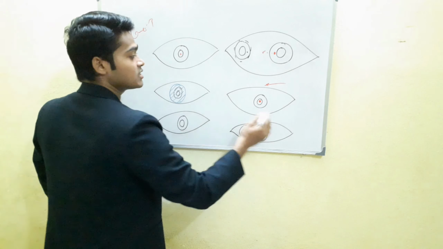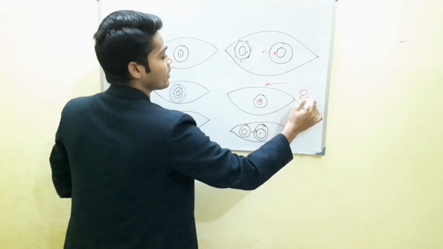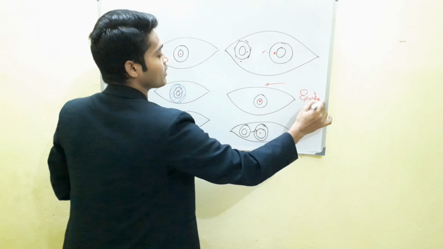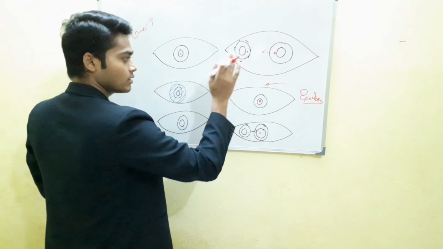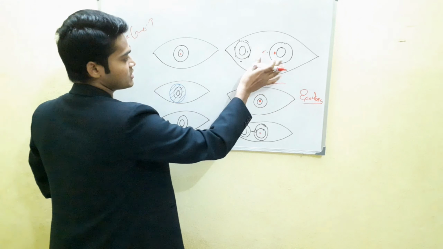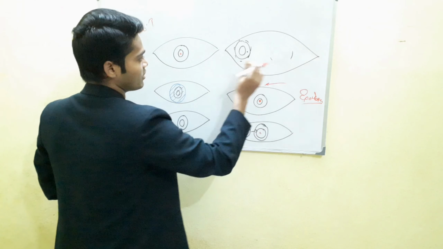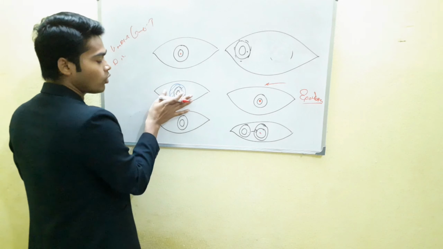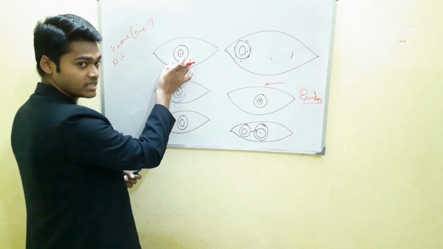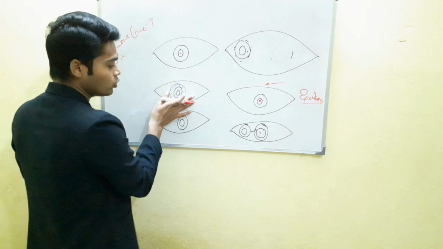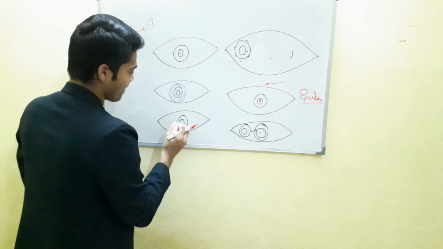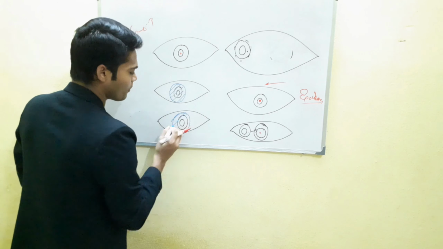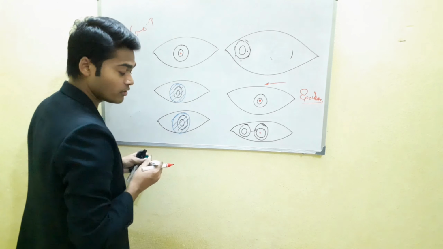What does it mean? It means they have exotropia, meaning manifest squint, right? Now in the other case, suppose the eye is here, and as we occlude the fixating eye, by the occluder or palm, what will we get?